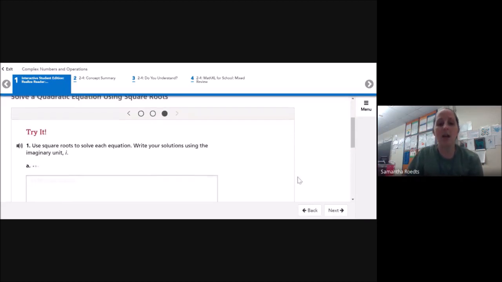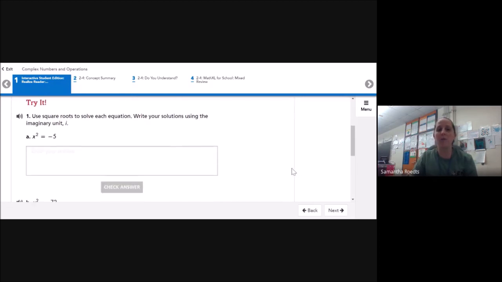So let's try it out. Use square roots to solve each equation. Write your solution using the imaginary unit i. So I'm going to take x squared equals negative 5. I'm going to take the square root of x squared equals the square root of negative 5.